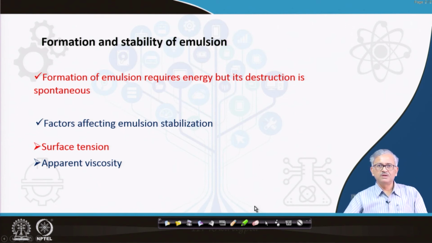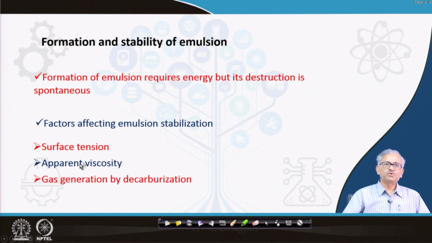So if the viscosity of the emulsion is high, the downward velocity of the metal droplet will be reduced, and its residence time will increase. So higher apparent viscosity means the residence time of the metal droplet will be higher. Lower surface tension means the total energy of the emulsion will reduce, so its stability will be more.